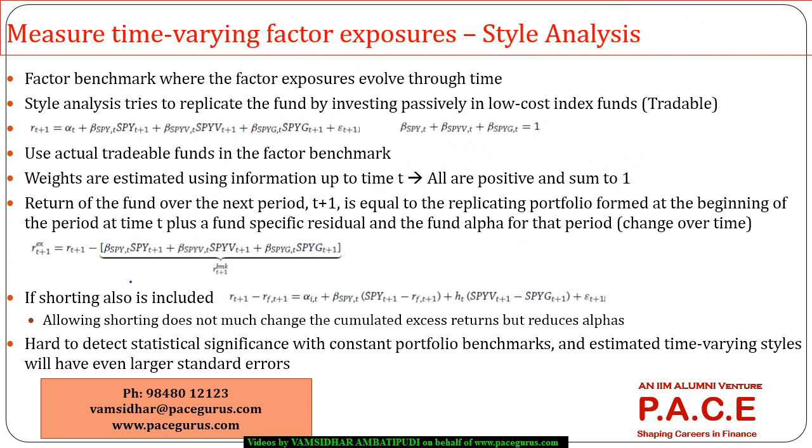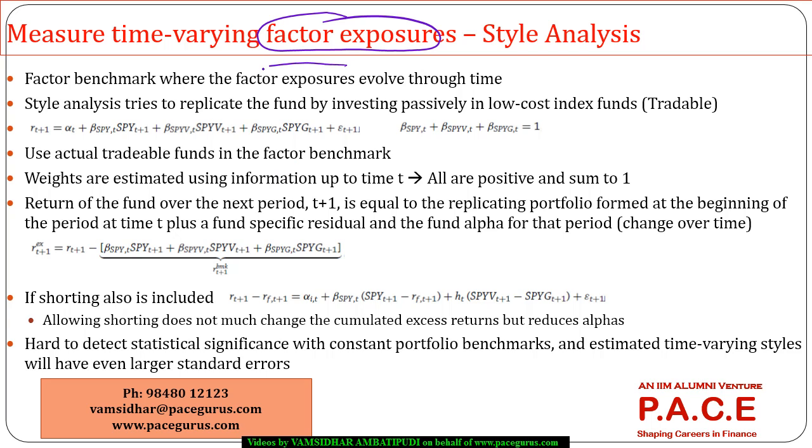Now, the next dimension that we are looking at here is finding out the factor exposures which are varying with time. Meaning last period, the last-to-last period, we are talking about different time periods and how the factor exposure keeps changing over time.